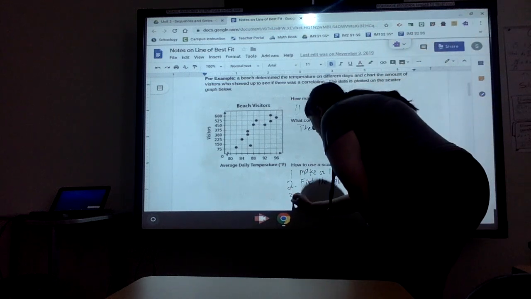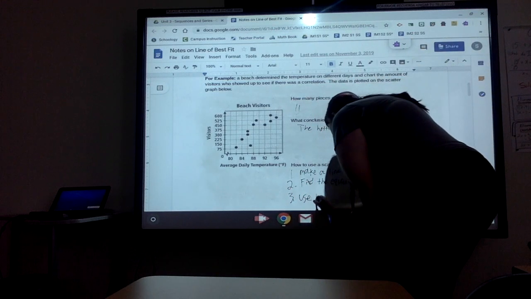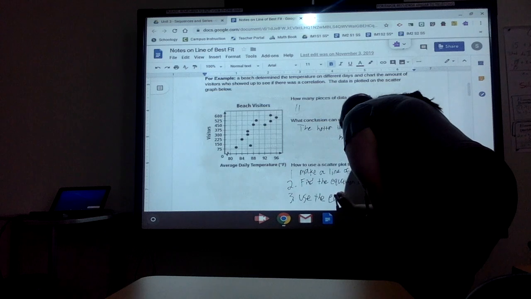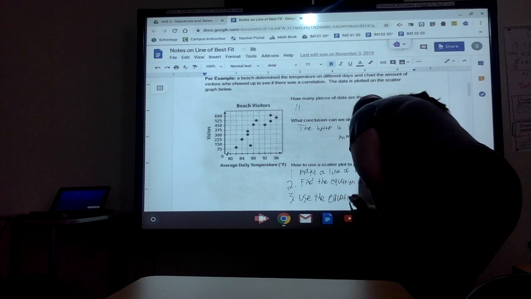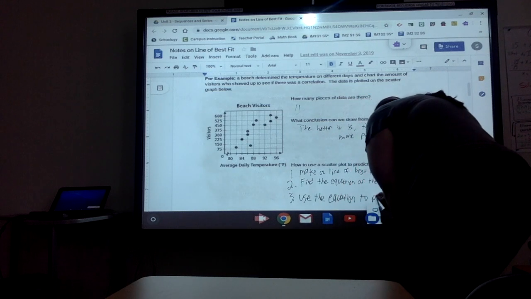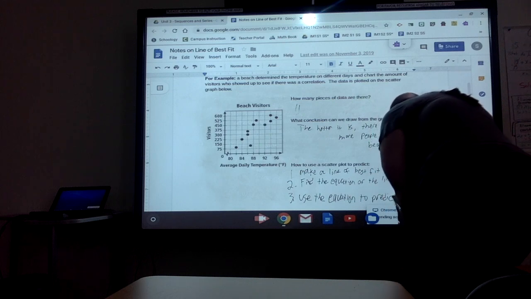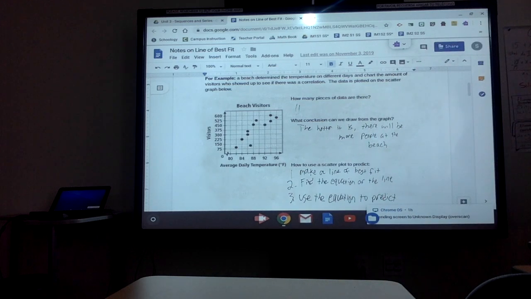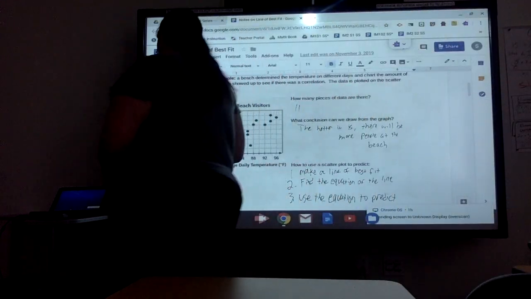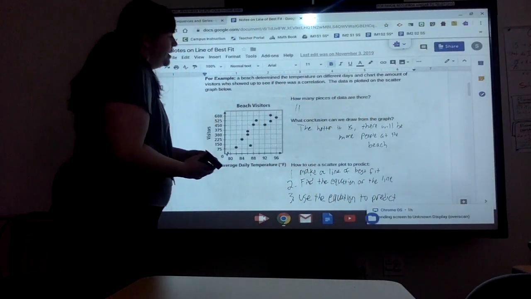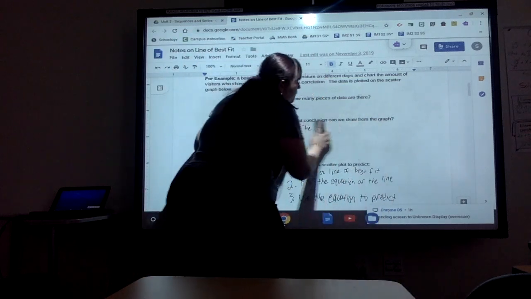In step 3, we're going to use the equation we just found to predict. So those are our 3 steps. We're going to do them one by one together in an example on the back. So go ahead and turn it over.